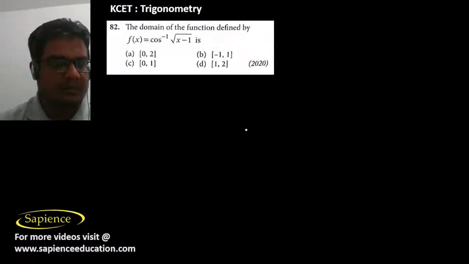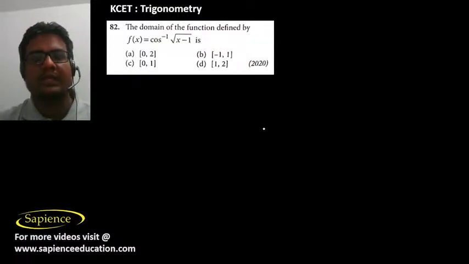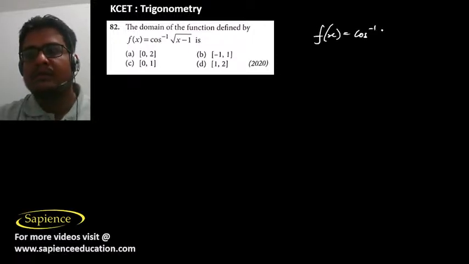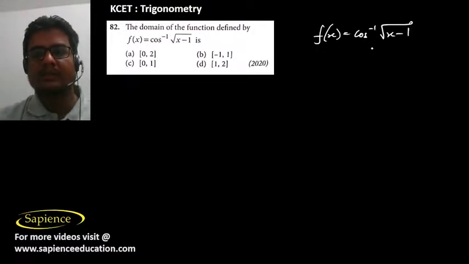Then we shall solve the last question of our live class. Question number 82. It is told you have to find the domain of this function, which is defined by f(x) equal to cos⁻¹ of root over (x − 1). Find the domain of this function.